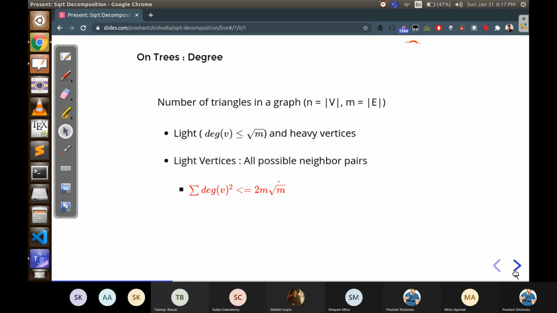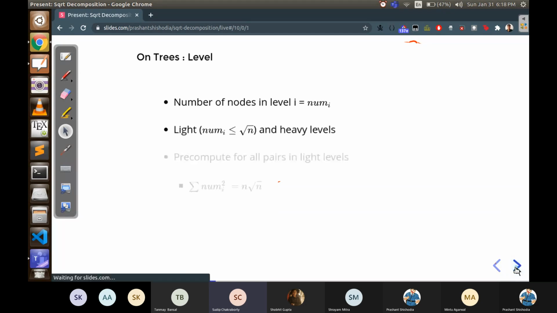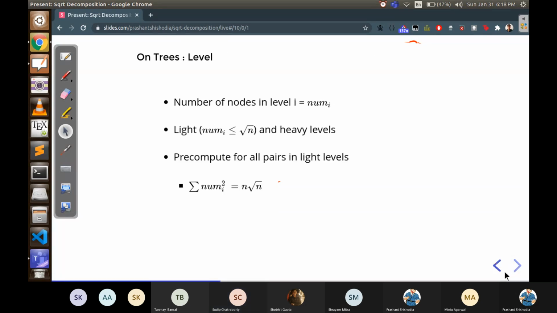So you try to decompose the graph or tree by degree, but here you use square root decomposition on level because that seemed intuitive. So there are no hardcore rules, but you have to figure it out based on your intuition.